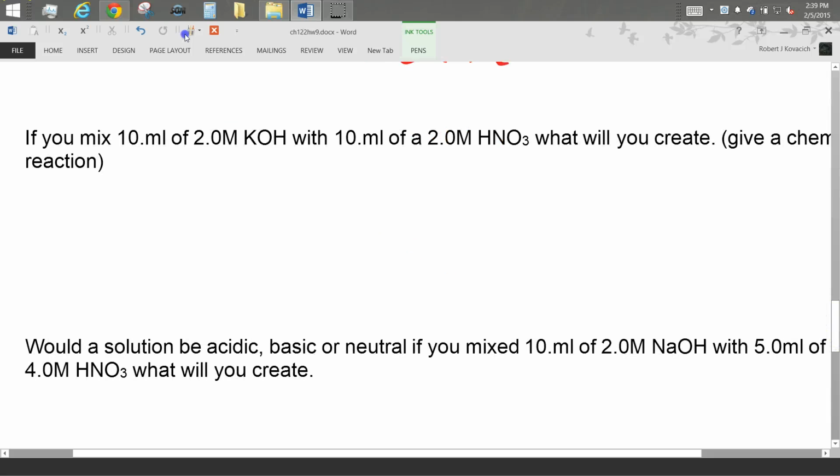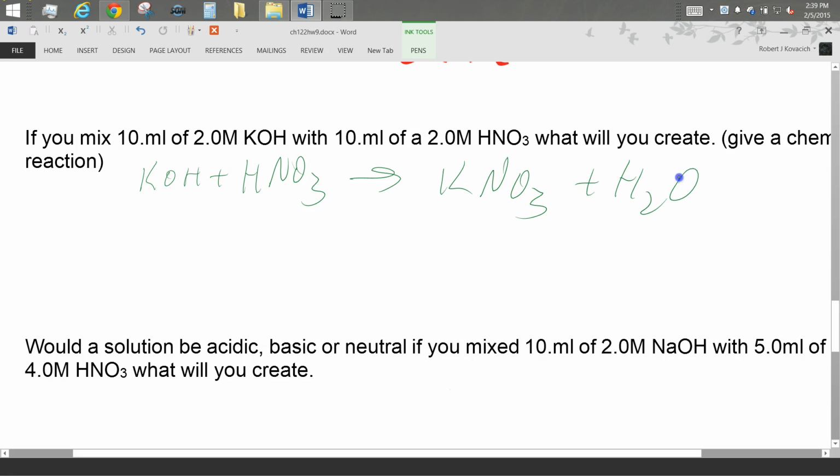All right, how about this next one? Potassium nitrate, H2O. I was wondering if this is kind of a trick question because of the milliliters and the molar, but they're the same.